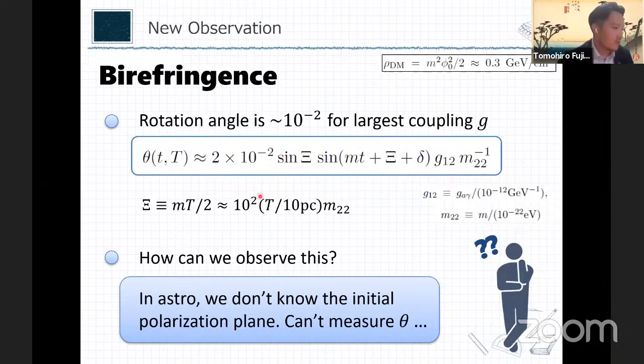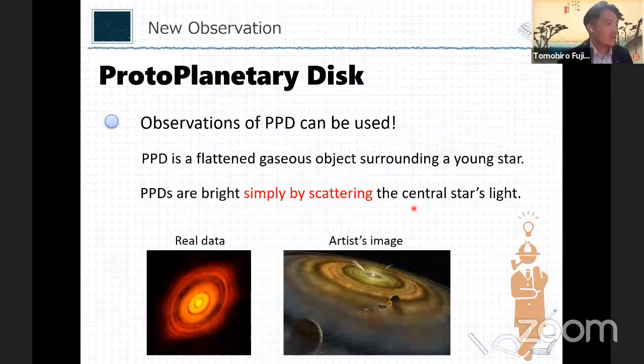Anyway, our problem was that we want to know the initial polarization angle. So then, we found the protoplanetary disk. Probably you are not so familiar with it, and I wasn't either. This is a real data image of a flat and gaseous object surrounding a young star.